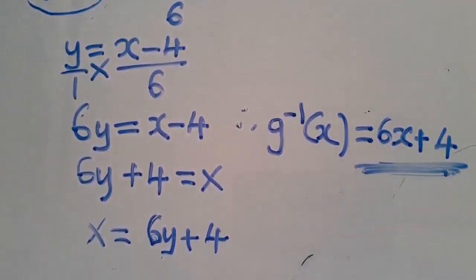This is how you need to answer the work, the same way I've answered. Hope this is the answer that you found. Make sure you follow through all these things that I'm doing with you.